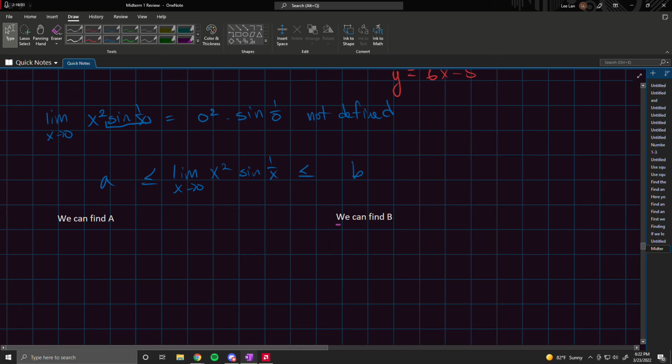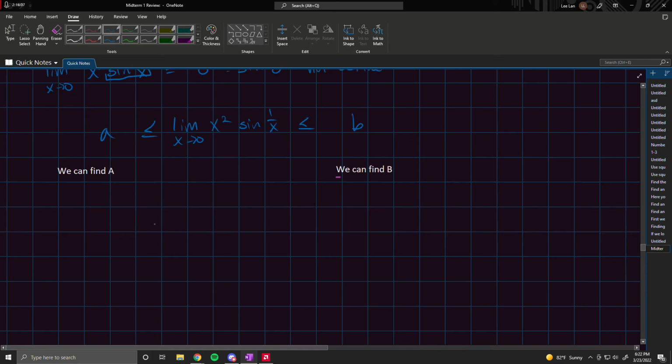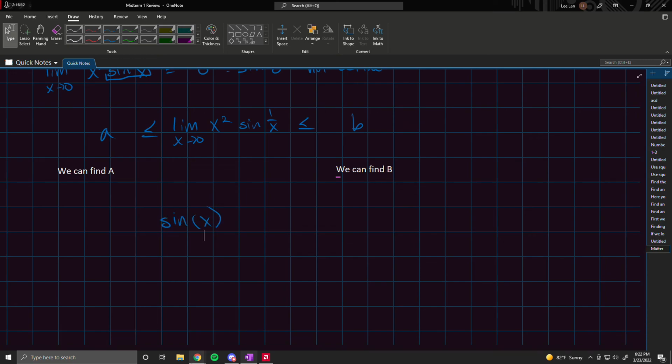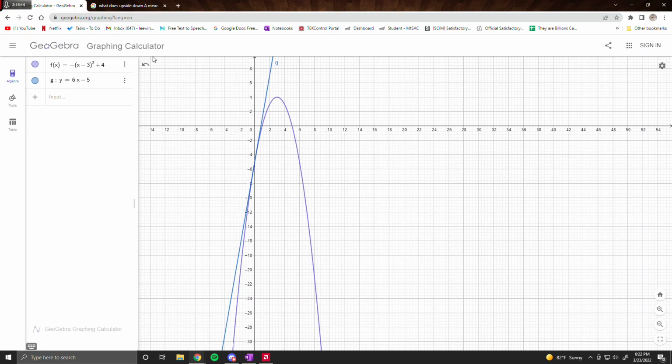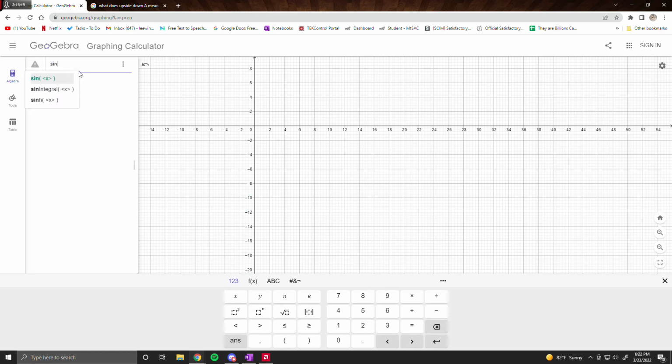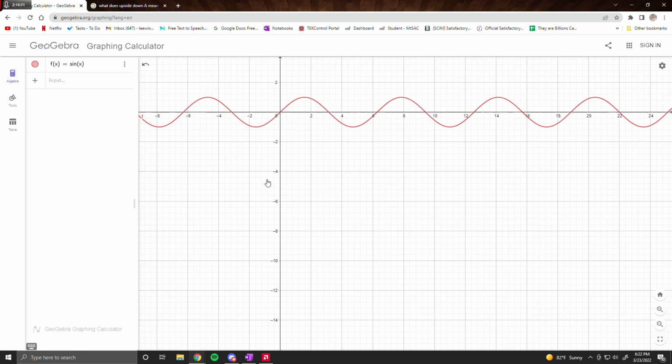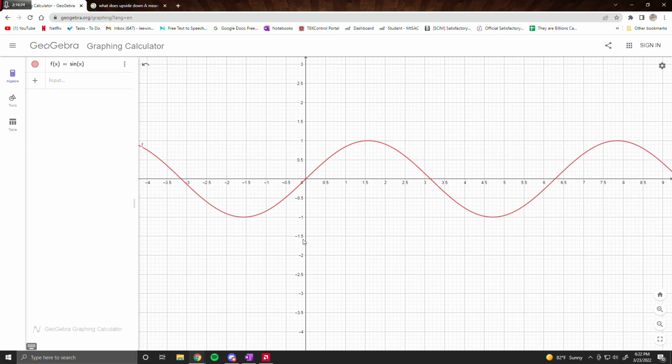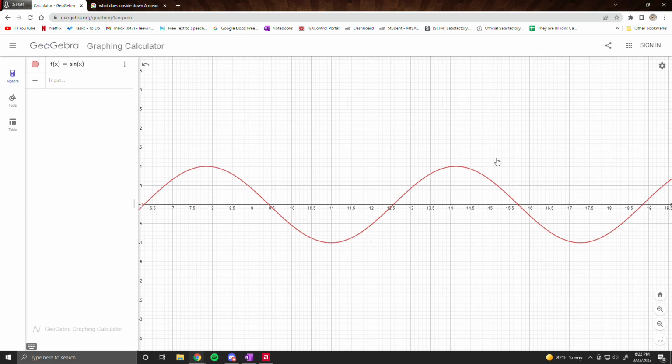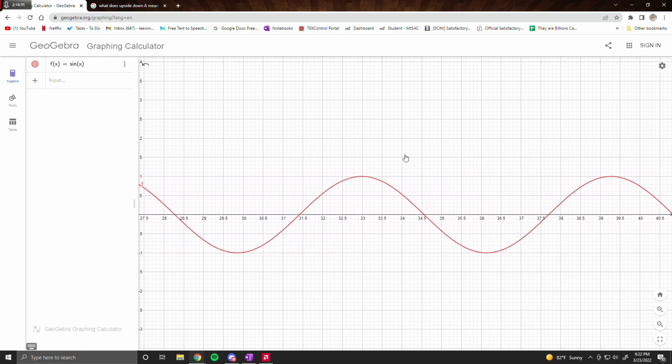So, what can give us this sort of structure? Well, sine can offer that for us. And why can it offer it for us? Let's look at what sine looks like. If I zoom in really close on sine, notice the y values. It goes from negative 1 to positive 1, and it never goes above or below those y values.